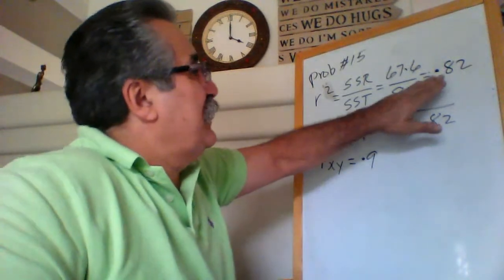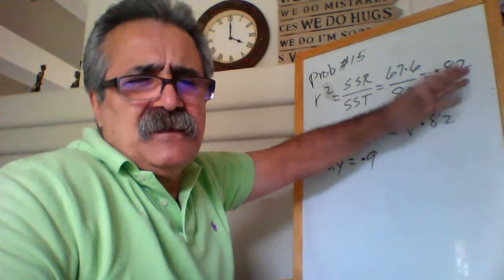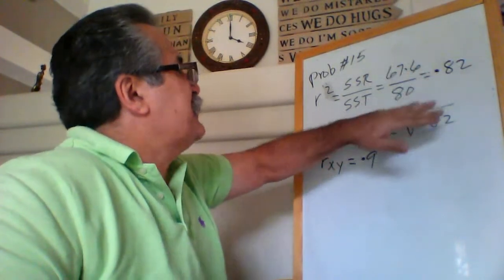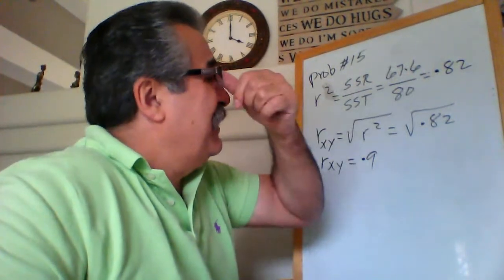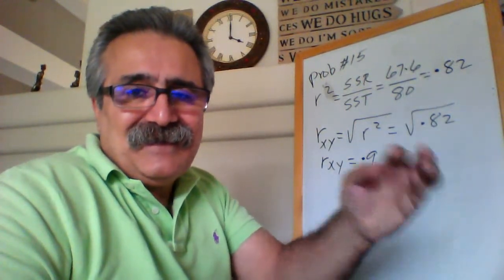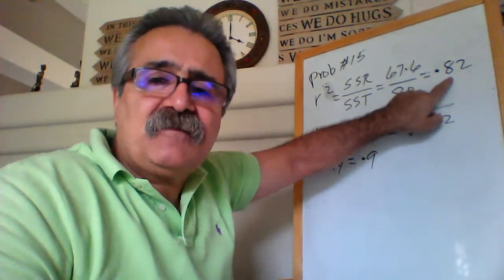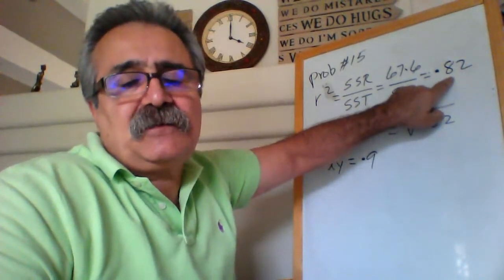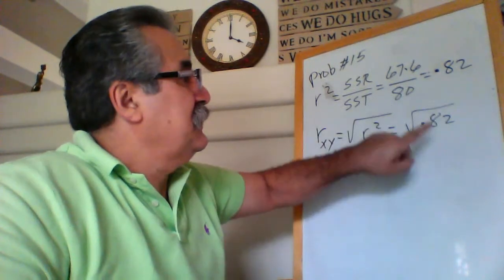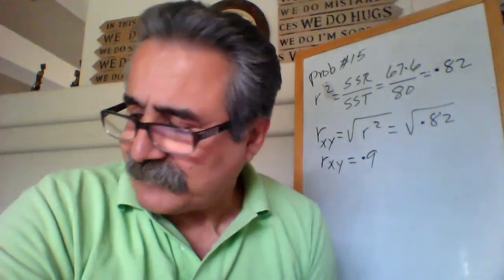And this is how we interpret it. If it's 0.82, like 84, 85, whatever percentage, we say that any given value of x determines 82% of the actual value of y. This is called the coefficient of determination. And this, of course, is showing how strong the relationship is.